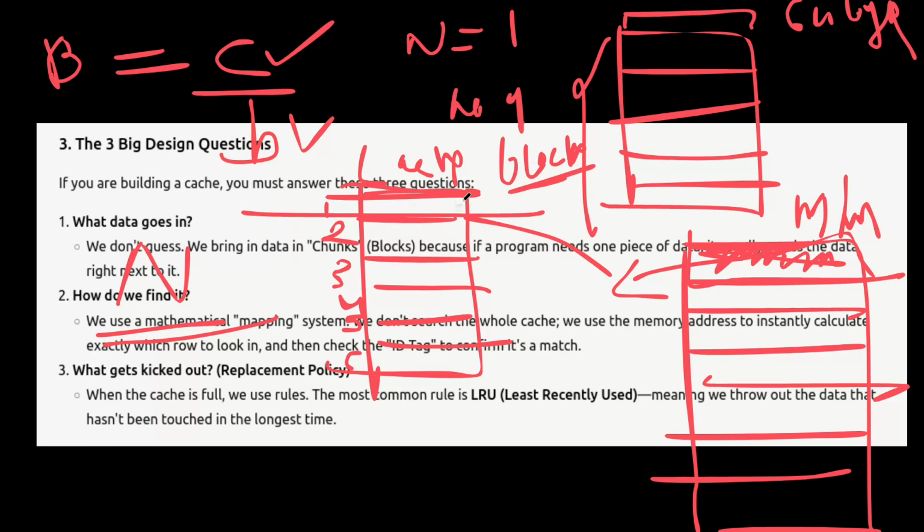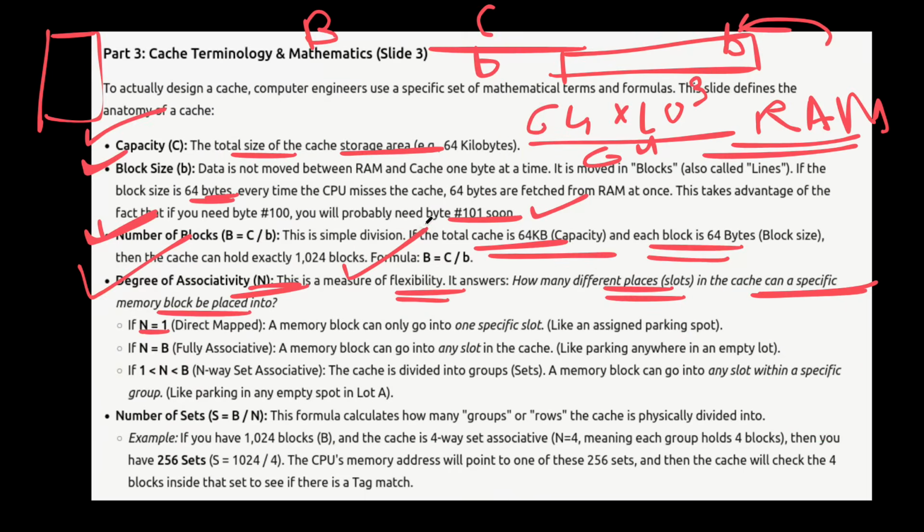But if N's value is 2, this particular block in the main memory can go into any of the two blocks. That is flexibility: how many slots in the cache a specific memory block can go into. That is called associativity.